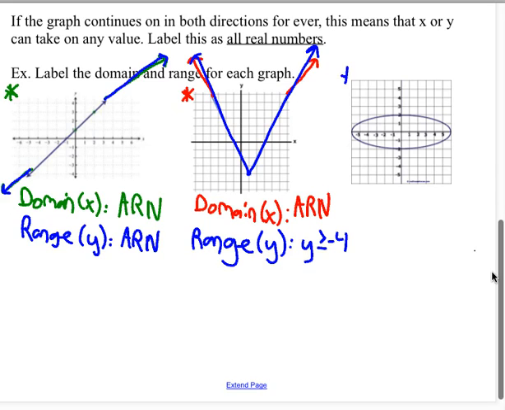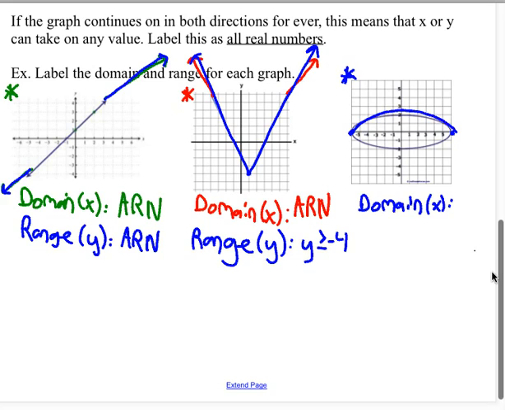Let's look at this one, that ellipse. Here, now we have multiple special points. So when I look at the domain, which again is my x values, I see two special points right here. It looks like all my x values are squished in between those points.